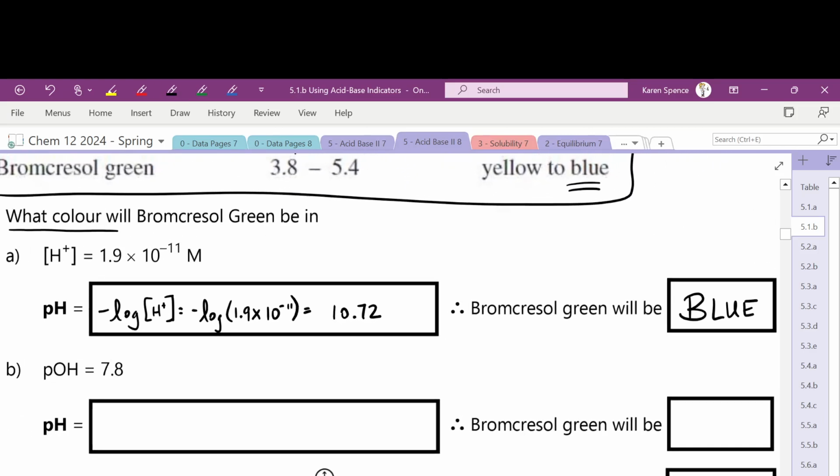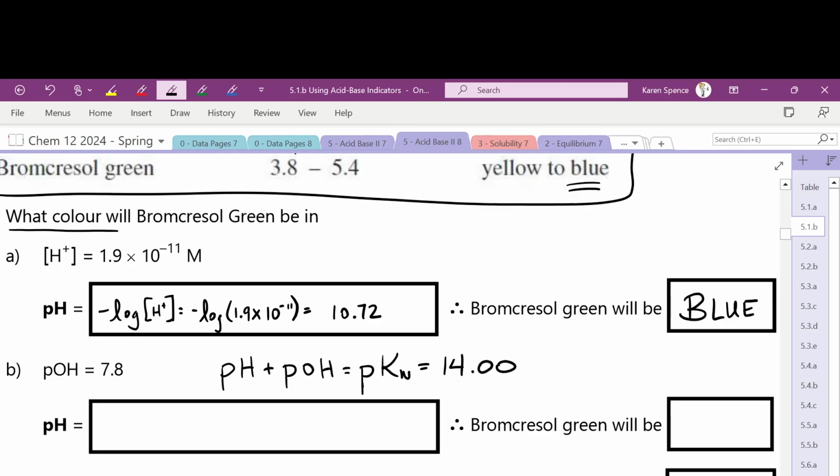Now for the next one, you are given a pOH. Do you remember how pH and pOH relate to one another? They don't both equal 14. The sum of them equals 14. pH plus pOH is equal to pKw, which is equal to 14.